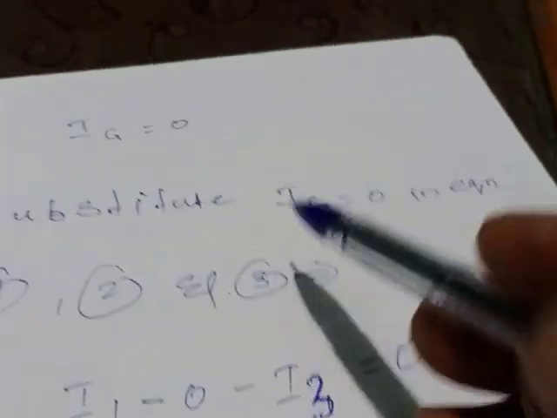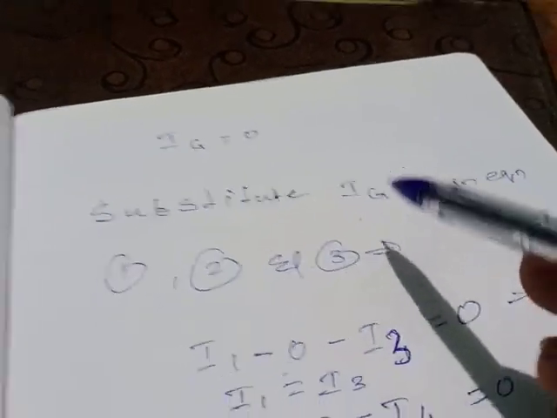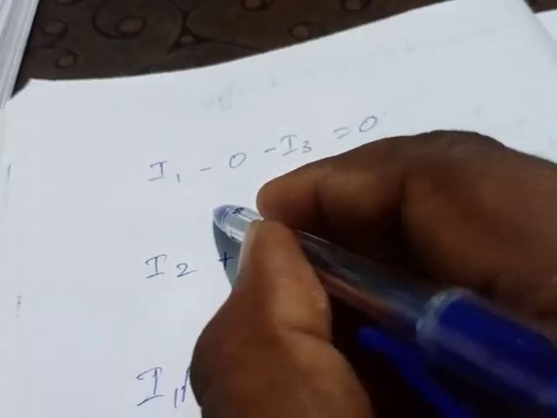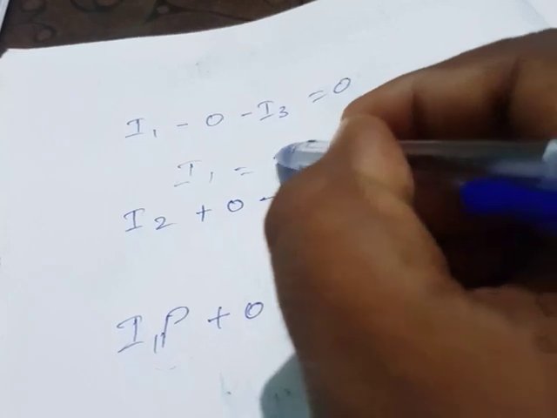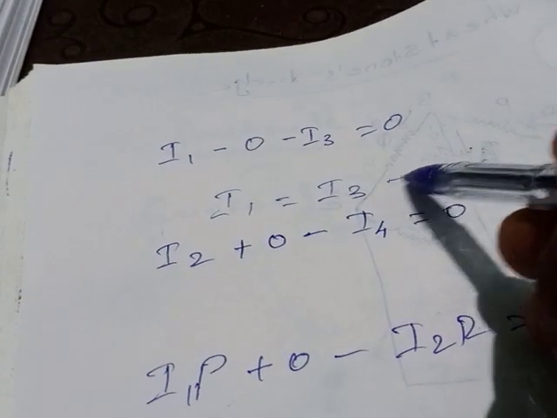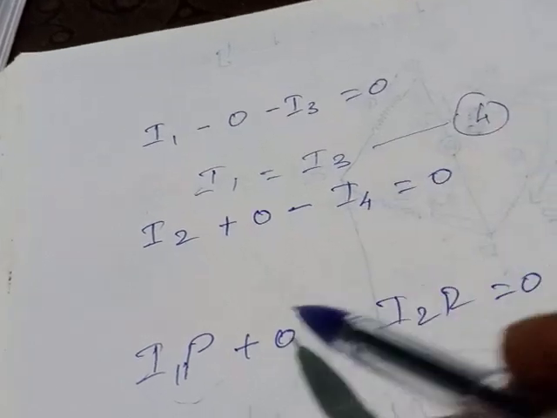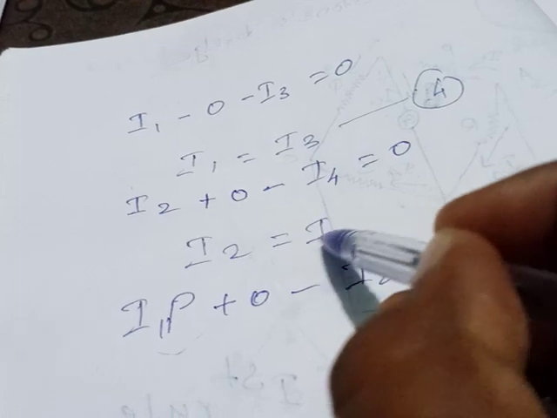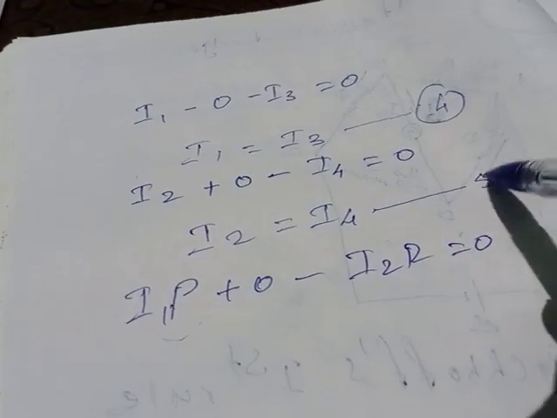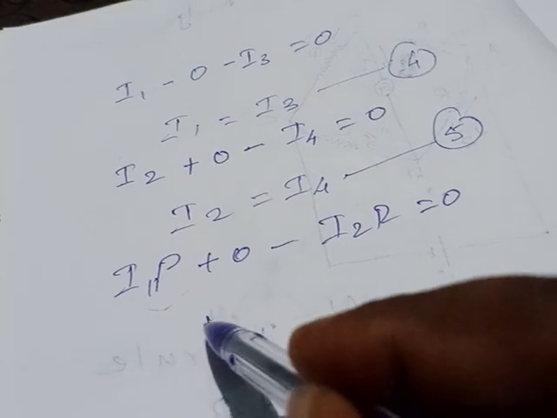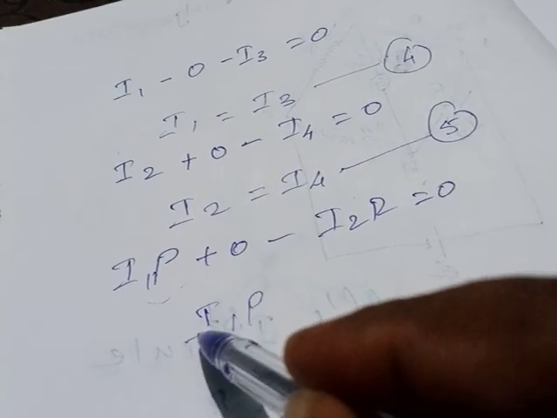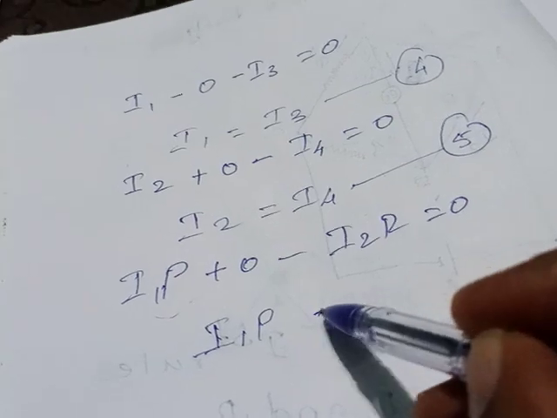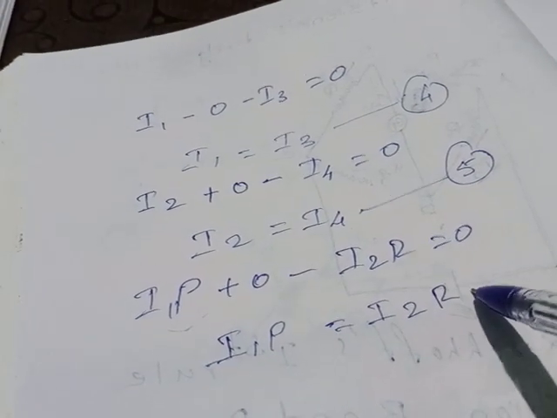This is the step: substitute Ig equal to 0 in equations 1, 2 and 3. Now you can write I1 equal to I3. This is equation 4. This you can write I2 equal to I4. This is equation 5. This you can write I1P equal to I2R. This is equation 6.